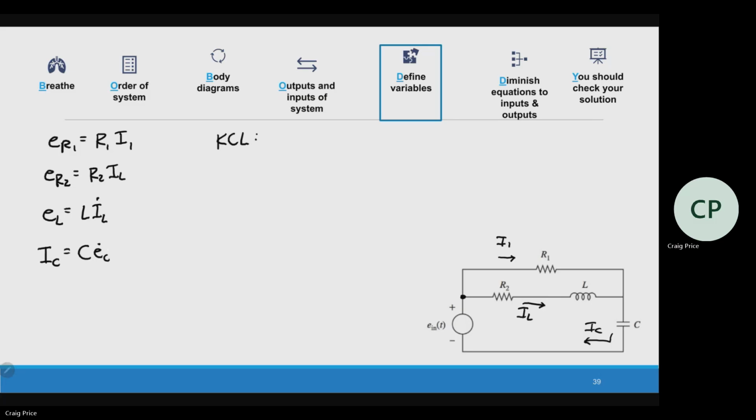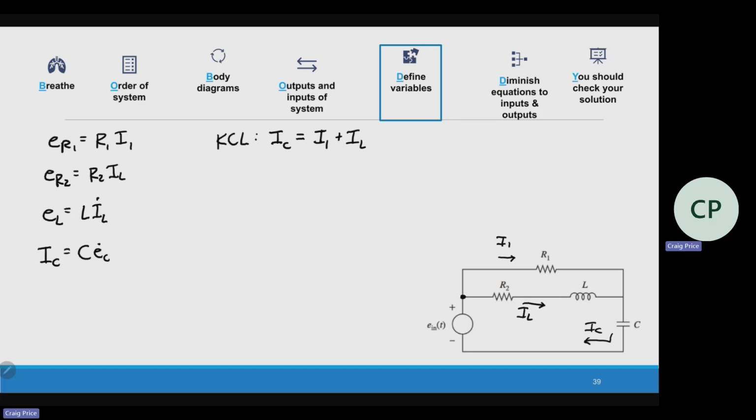My total current goes into the node and splits into these two, so we've got I1 and IL. On the other side, same relationship: two currents combining to become one.